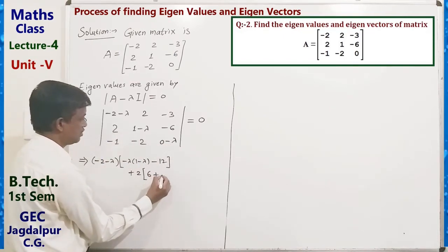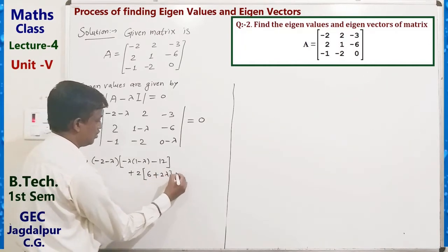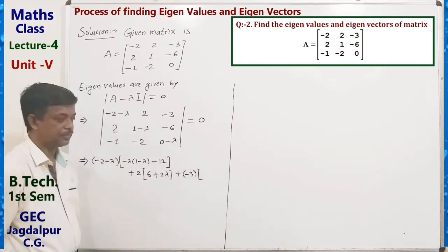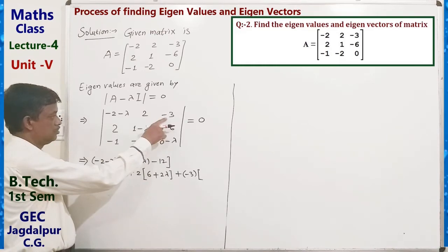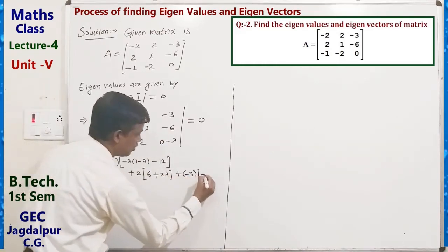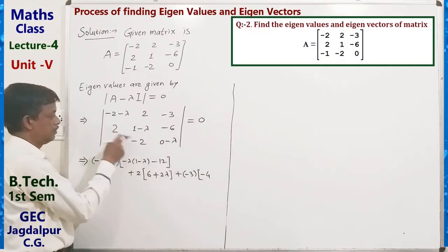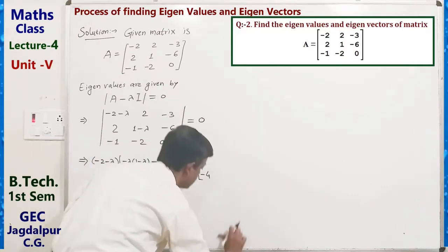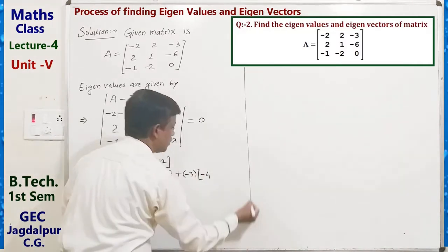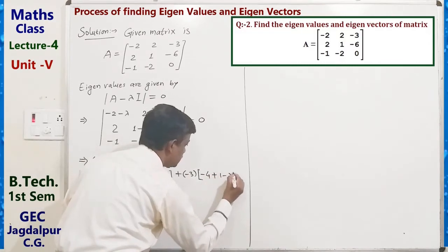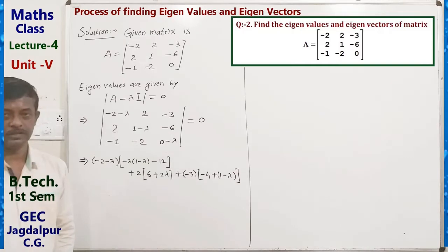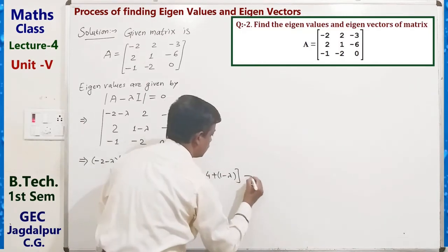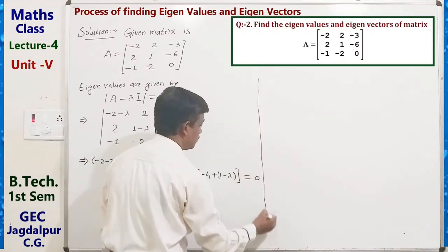So plus 2 lambda, plus minus 3 into this into minus 4, plus 1 minus lambda. This equals 0. Clear?